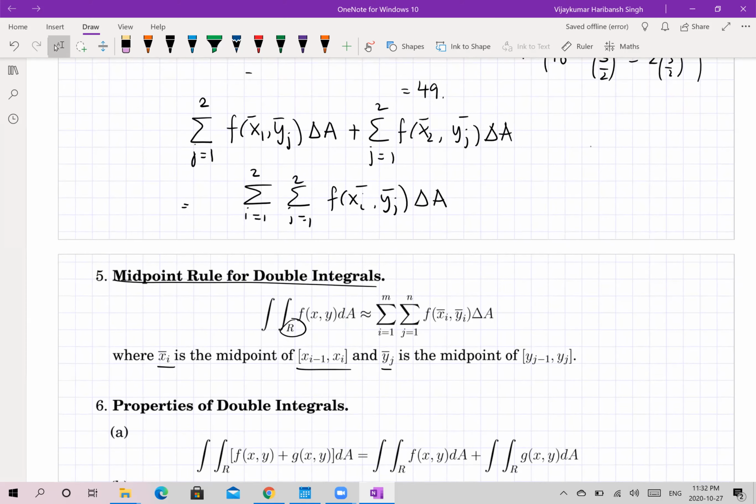And of course, when you take the limit of this, you get the right value of the integral. If you only do an m by n approximation, it is an approximate value. This is the idea behind the midpoint rule of the double integral.